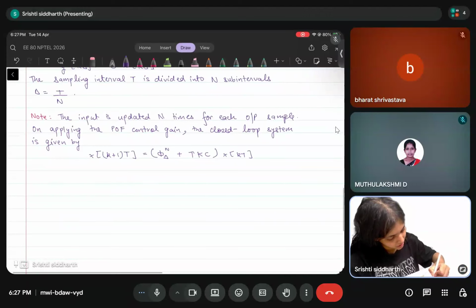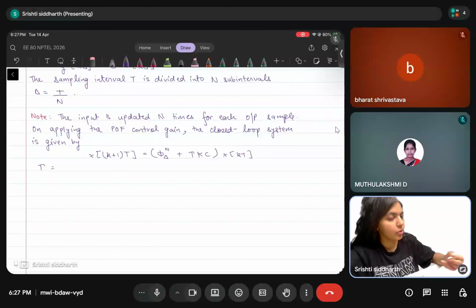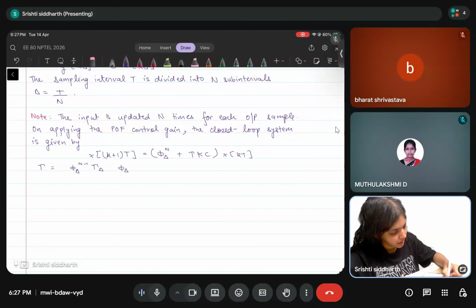So gamma is, I'm just recalling this from the slides on periodic output feedback control. Gamma is phi delta to the power n minus 1 gamma delta, phi delta to the power n minus 2 gamma delta, till gamma delta.